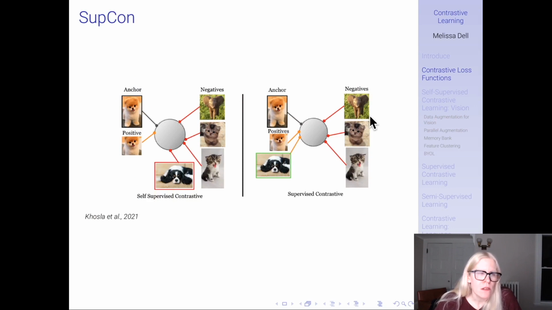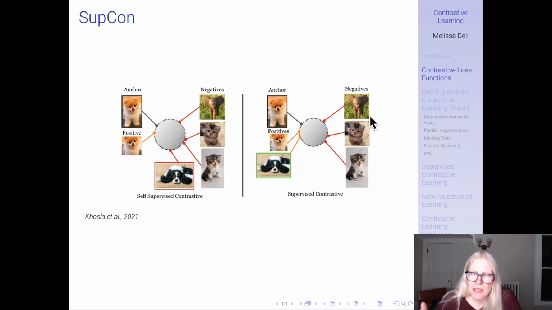All right, so this is an intuition for SupCon. Here you see that you have an anchor, and on the left-hand side, you're doing self-supervised contrastive learning. So you have a random crop of that anchor, and that's your positive, and then everything else is your negative. Whereas on the right, you're doing a supervised contrastive loss.